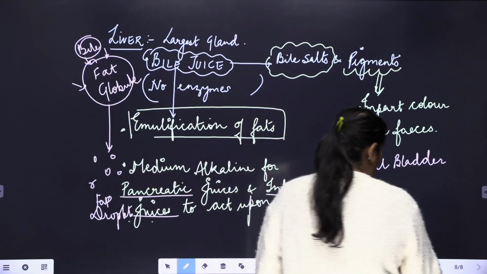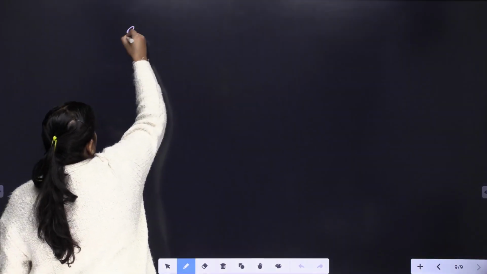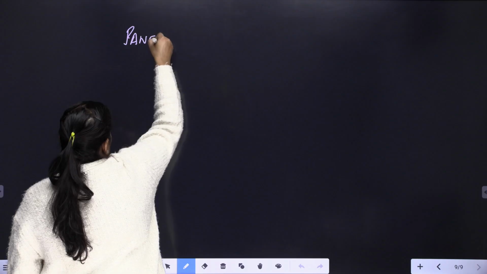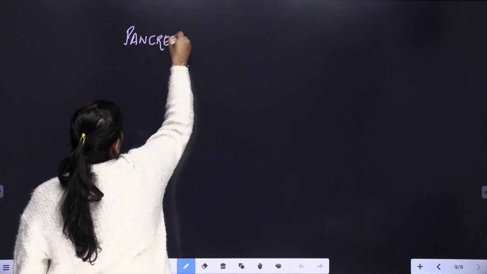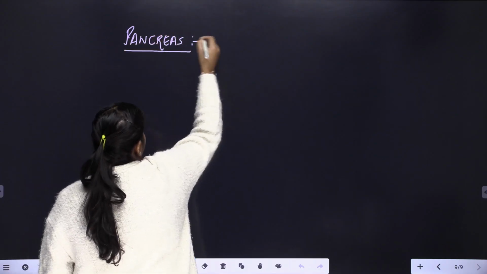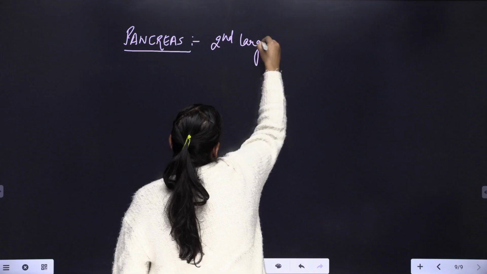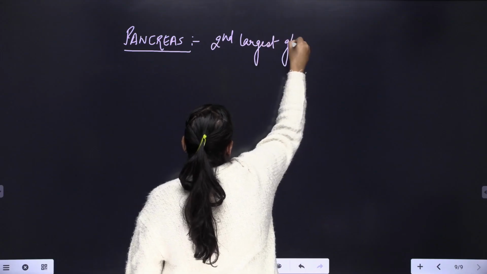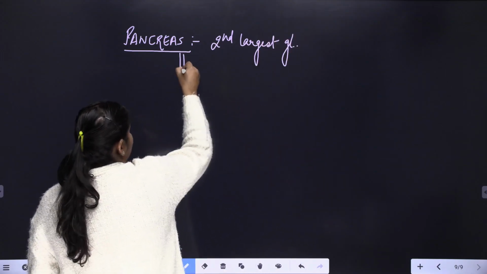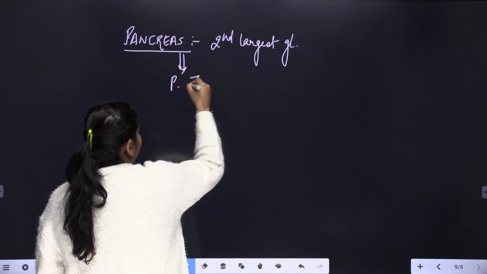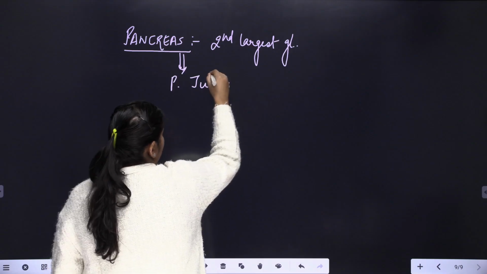Moving to the next part, which is the pancreas. The pancreas is the second largest gland. The pancreas secretes pancreatic juices.